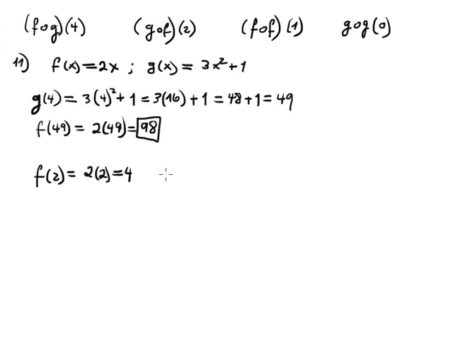Now evaluate g at 4, which is 3 times 4 squared plus 1. I did it before. 4 squared is 16 times 3 is 48 plus 1, 49.